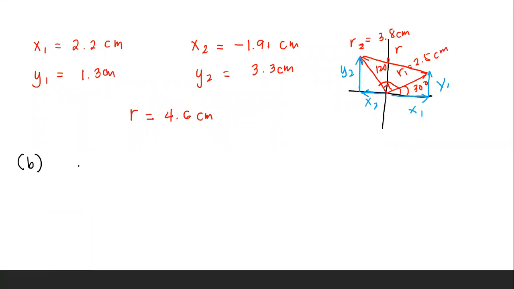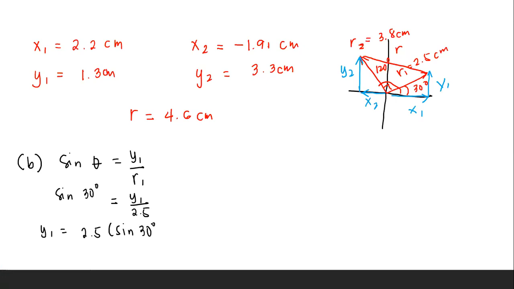Now for the mathematical method, for your Y sub 1, we have sine theta is equal to Y sub 1 over R1. Therefore, we have sine 30 degrees is equal to Y1 over 2.5. Okay, where Y sub 1 is equal to 2.5 times sine 30 degrees. Y sub 1 now is equal to 1.25 centimeters. Okay.